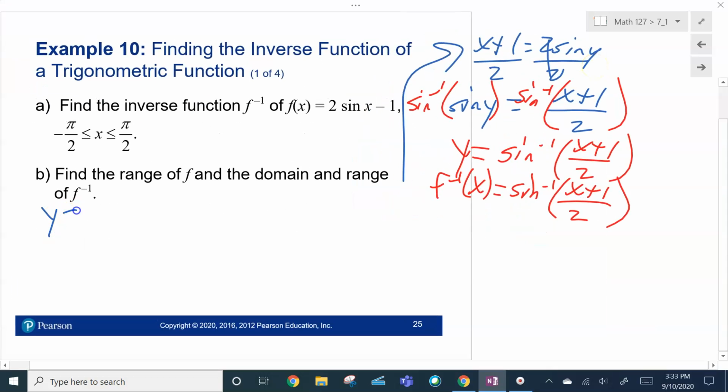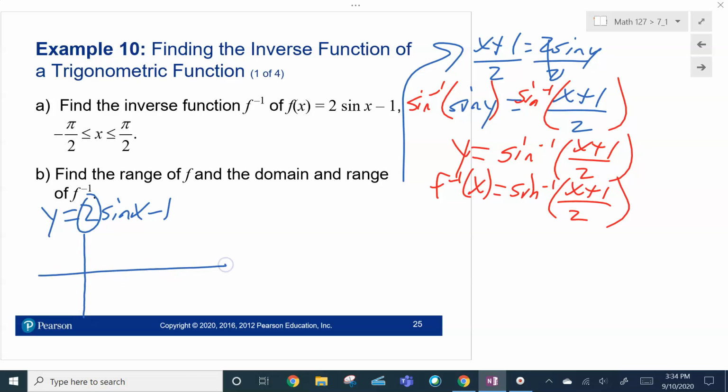So first of all, here was our original, 2 sine x minus 1. The amplitude vertically stretches that up to 2 and down to negative 2. But then it shifts it down 1. So instead of going up to 2 and down to negative 2, it drops down and goes only up to 1 and down to negative 3.